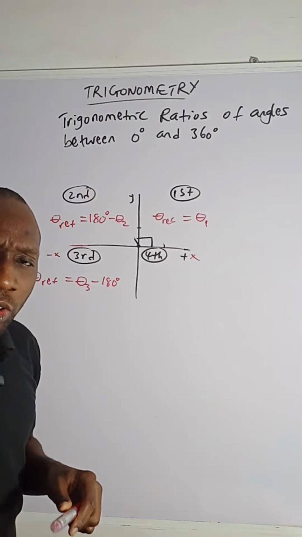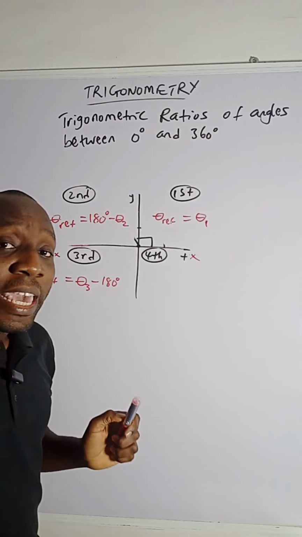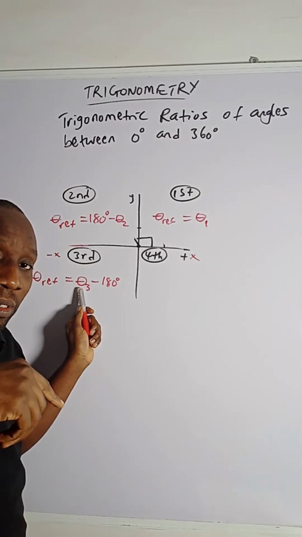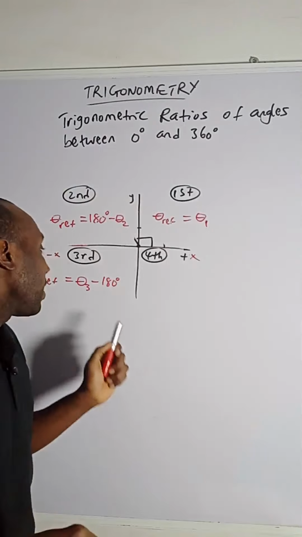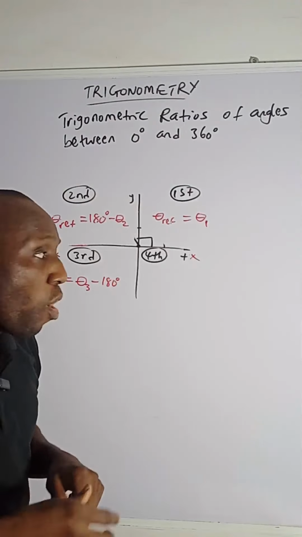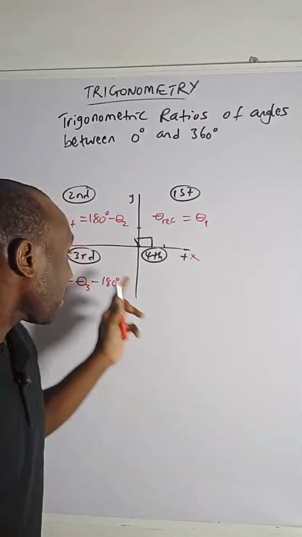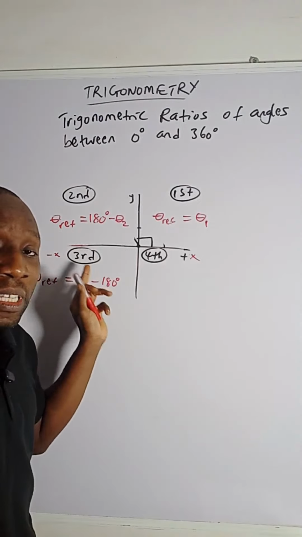But is it not supposed to be 270? No, it is not. This is the formula for getting the reference angle in the third quadrant: the angle that is in the third quadrant minus 180 degrees. I'm going to explain this especially because many students get confused when they come to the third quadrant.